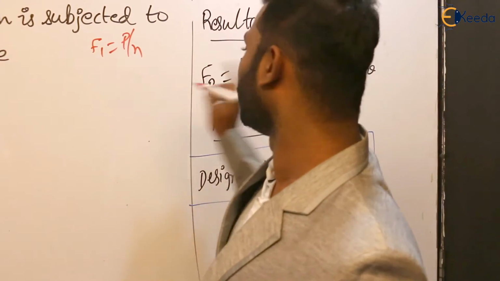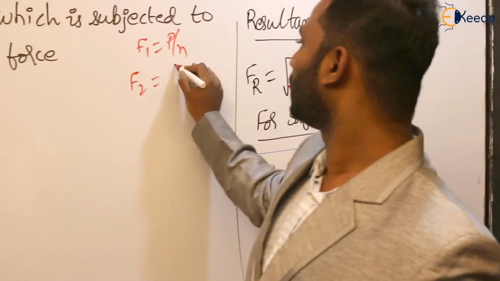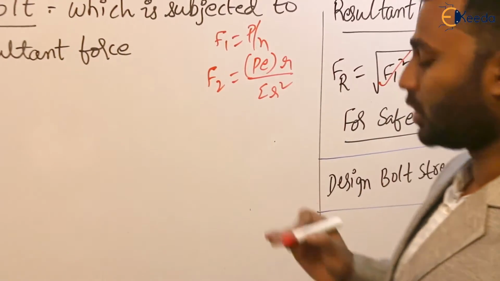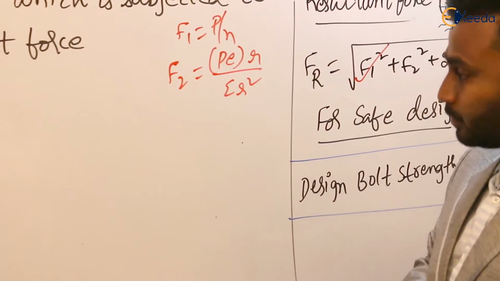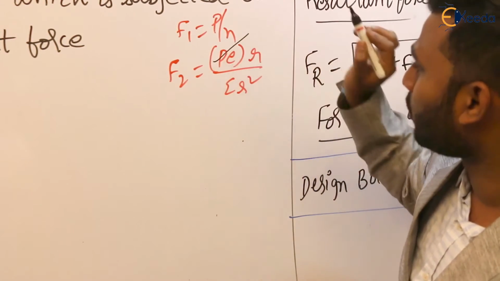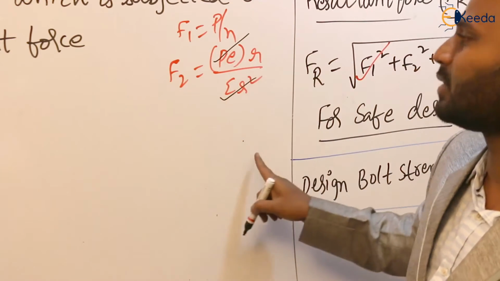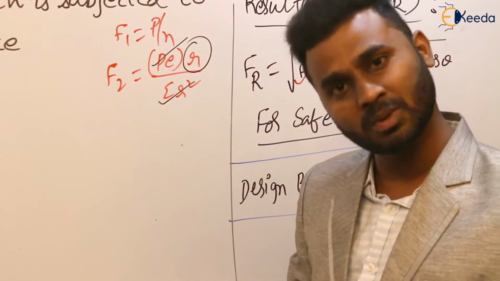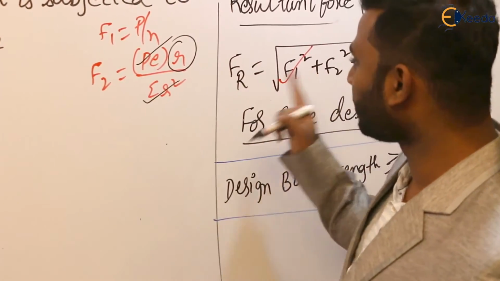Coming to the next, F2. What is F2? P E R by sigma R square. Now if you observe this F2, P E is the same for all the bolts and sigma R square is also the same for all the bolts. The only thing changing is R. So if F2 is maximum, FR is also maximum.